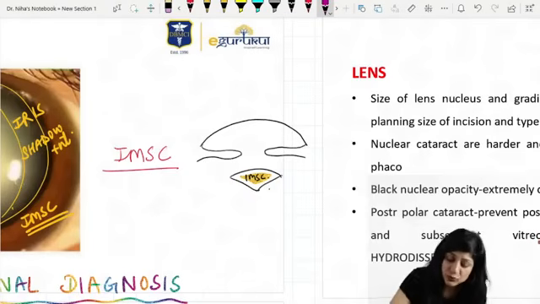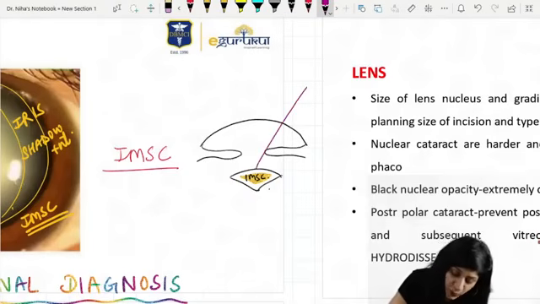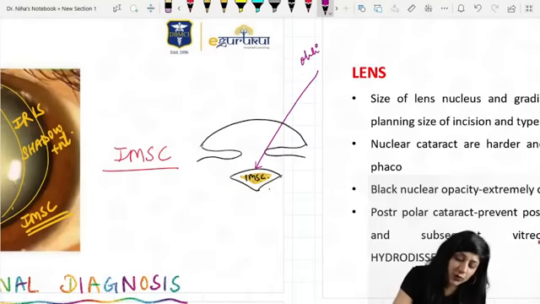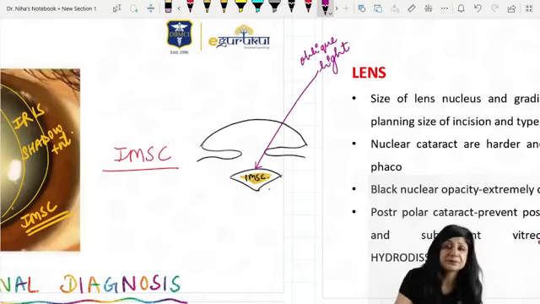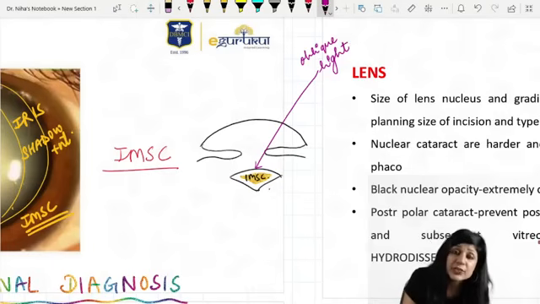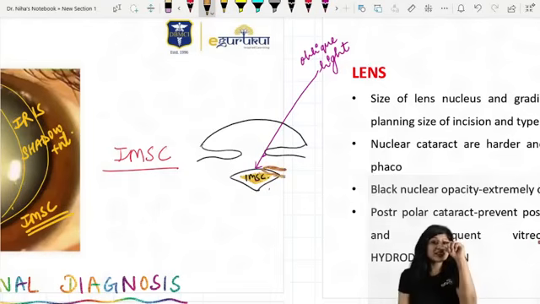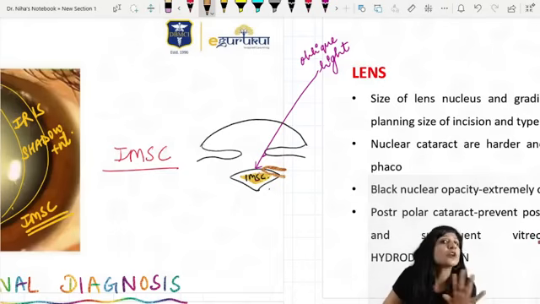Now whenever I am showing the light, which is the oblique light, this is the oblique light. Okay, whenever you want to see the shadow, we have to use the oblique light. Now it is passing through this pupillary margin and it is coming to this. So this shadow of the iris will be formed over this area. Here this shadow will be formed because still we are having this clear cortex. So if I am not having any clear cortex, then no shadow will be formed.